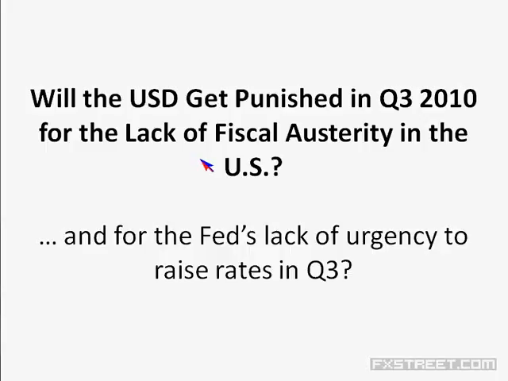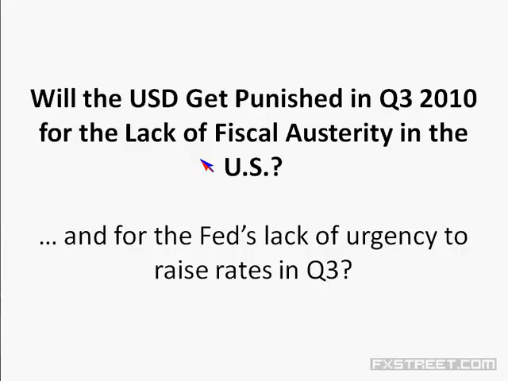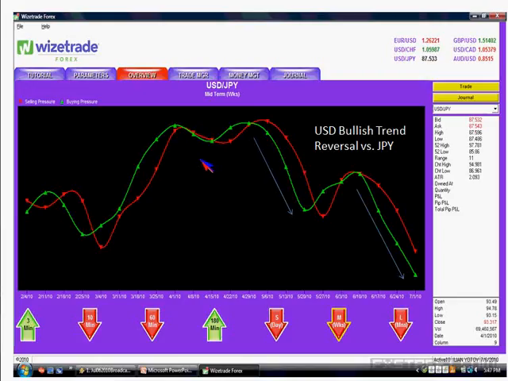Because in recent weeks, we also witnessed the Fed's renewed commitment to keep interest rates low for extended periods. These are a couple of very interesting questions that we need to find the answer to, and I'm sure that we will as the weeks and months ahead come in.